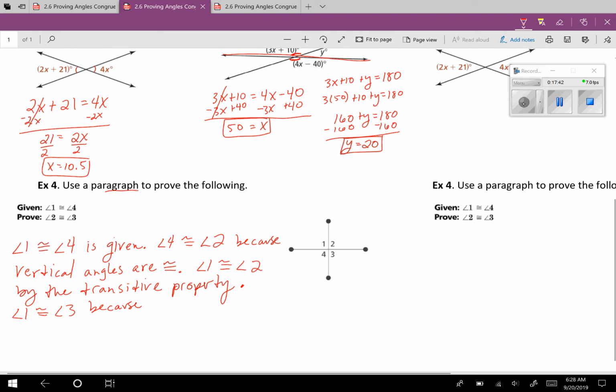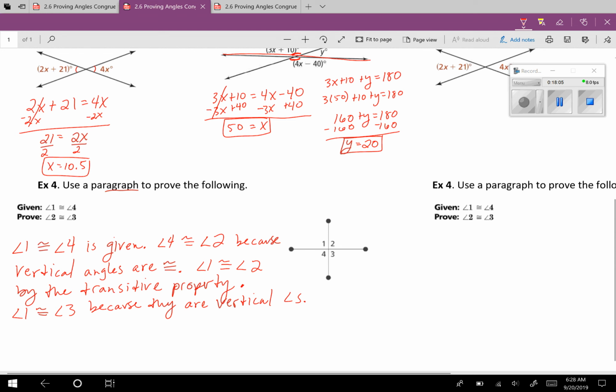because they are vertical angles. And so now we know angle 1 is congruent to angle 2. And so that means that angle 2 is congruent to angle 3.